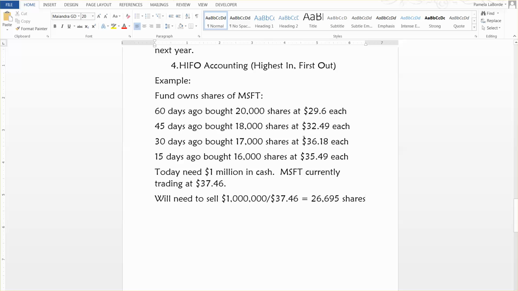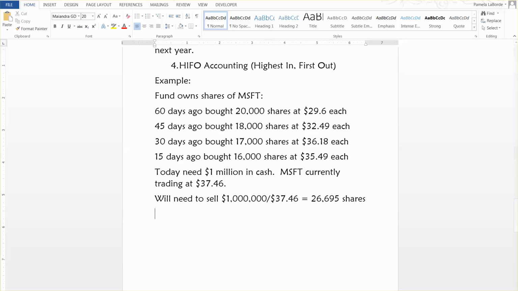But if I sell these first, that's going to generate a smaller capital gain because this was the highest price that I paid. So I take the highest in and I sell those first. They become the first out when I sell.